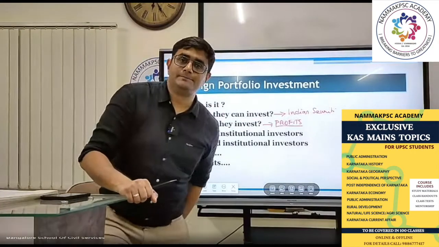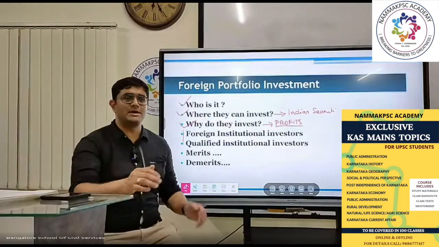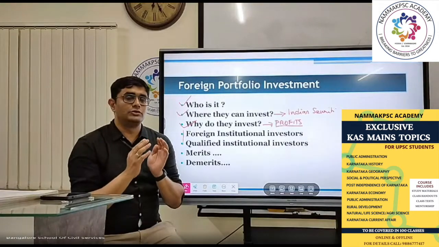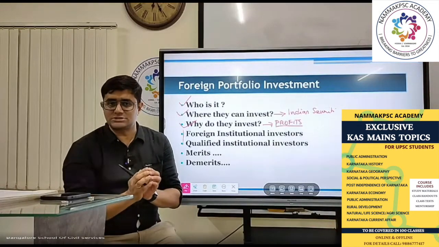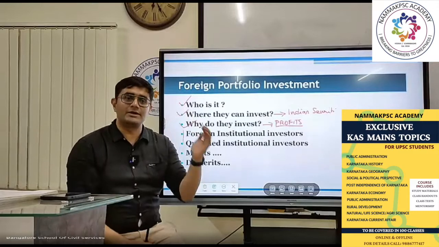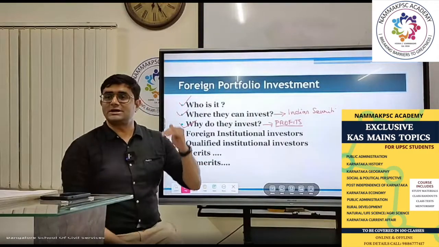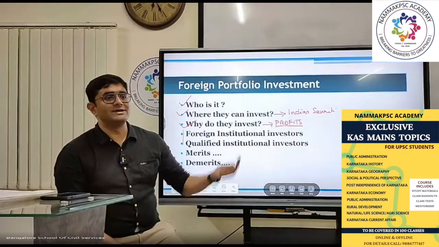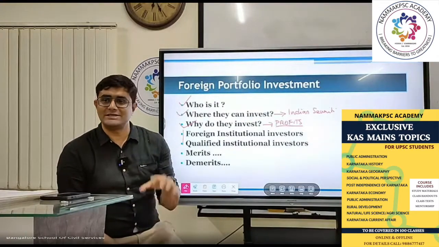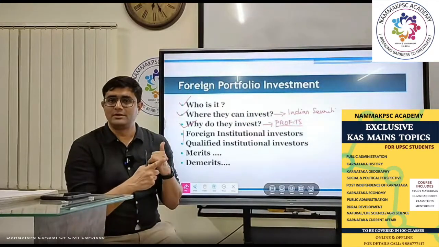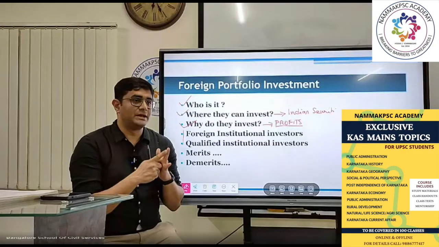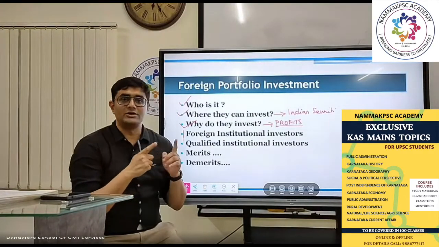So foreign institutional investors are basically institutions residing outside our country, okay, who are registered in their country and who invest in our country. These are institutions like banks, insurance companies, pension companies, universities.